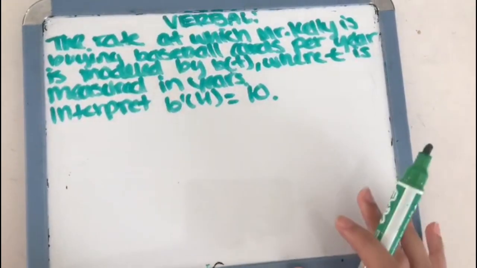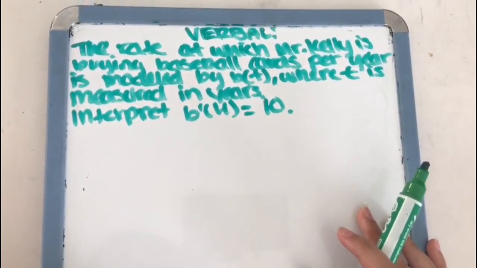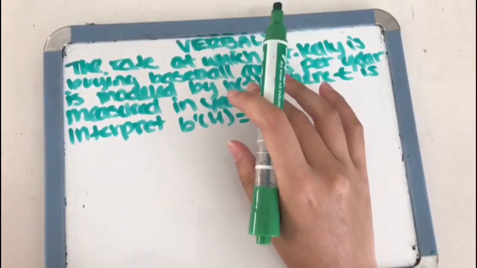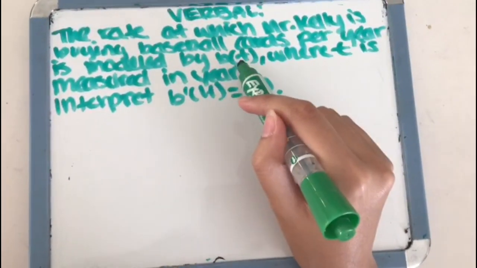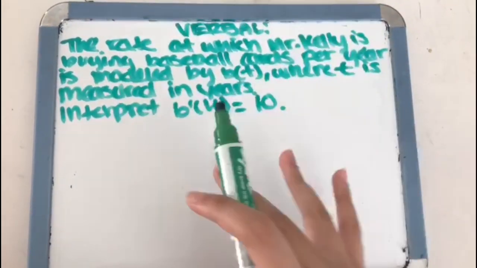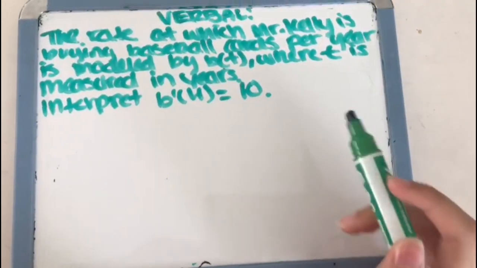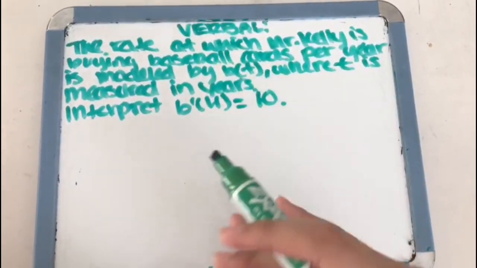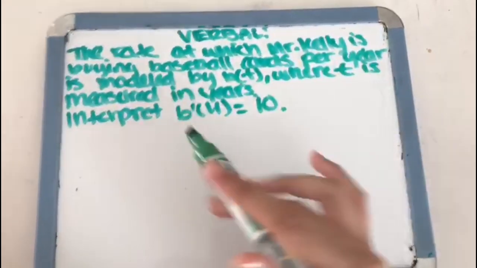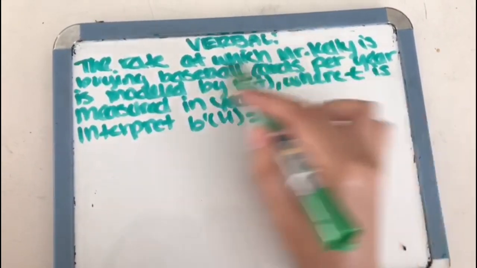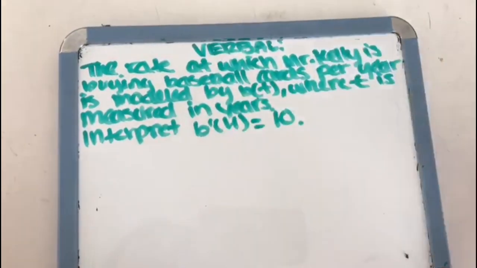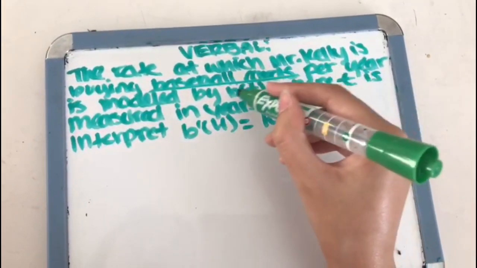The main focus of this problem is looking at what they're giving us, which is B of T, and what B means and what T means, so we can interpret that by solving this. Let's read that problem again and try making it organized, okay? The rate at which Mr. Kelly is buying baseball cards per year is modeled by B of T. So we understand that B stands for baseball cards, right?